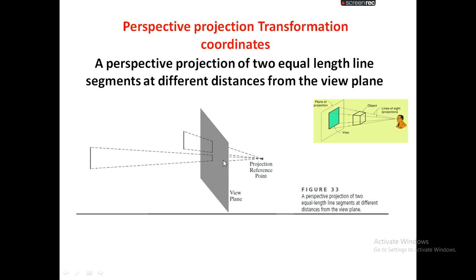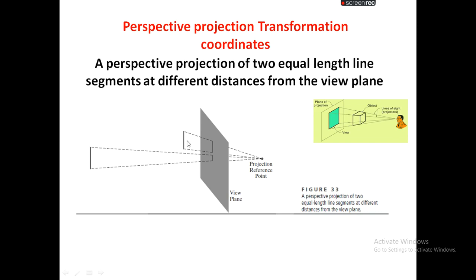Now, when we want to project this line segment image on the projection plane, whichever line segment is closer to the projection plane looks larger.